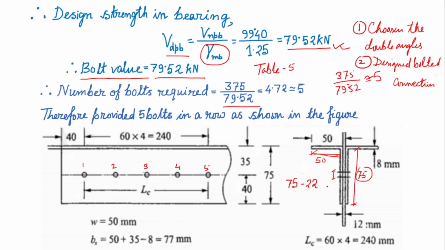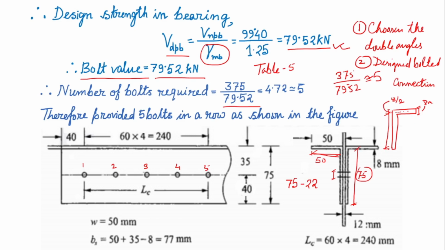And again, already we have discussed in our last video, if it is the angle, the length is taken up to the center line of the other leg. So up to this. That means I have to subtract the thickness by 2. What is the thickness? It is 8 mm. So this subtractable thickness is 8 by 2.